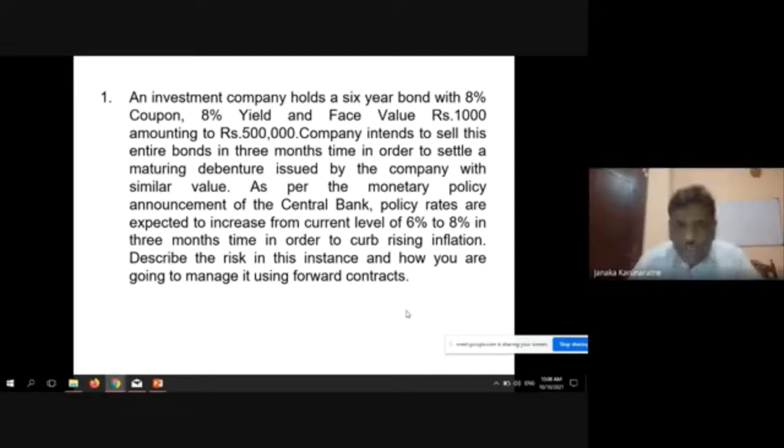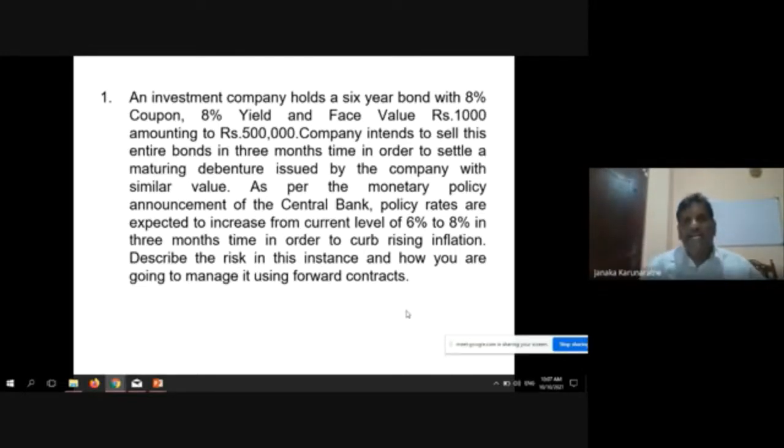So that is the risk view. Now identify the risk. Now how are we going to manage it using forward contracts? That is the second part. Can you identify the risk? A possible rise in interest rates in the market by around 2%; a 6 to 8% policy rate means market rates will go up 2%.